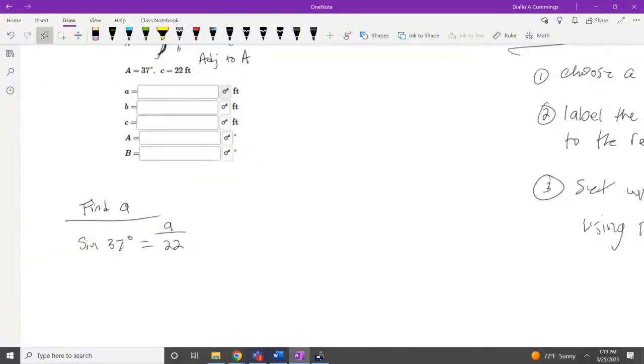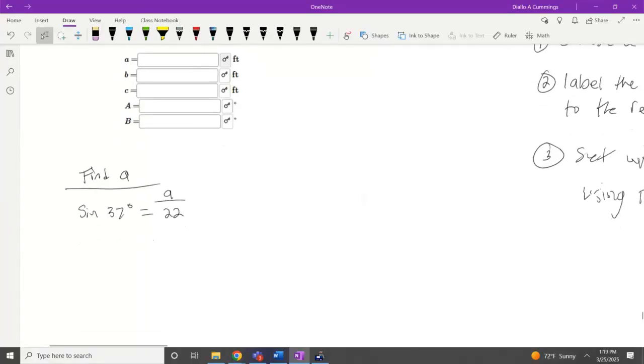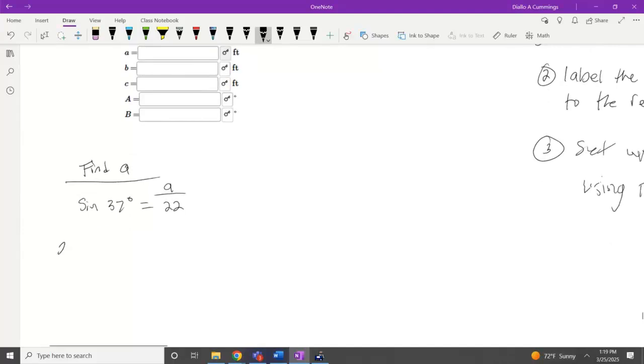Now here's the thing. Whenever you work with a fraction, you should always get rid of the fraction first. The way you get rid of the fraction is you multiply both sides by the common denominator. So I'm going to multiply both sides by 22.